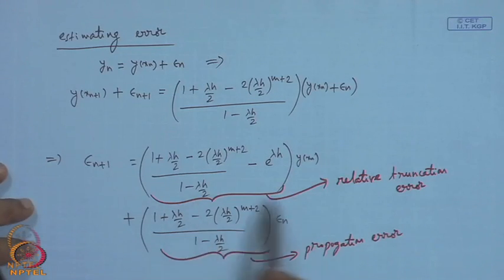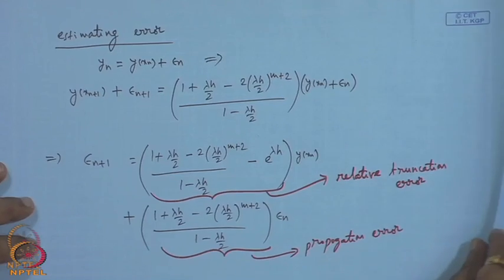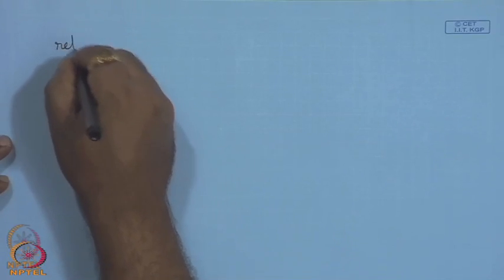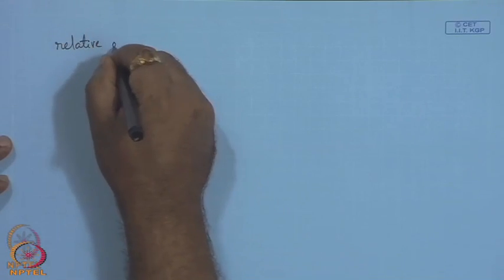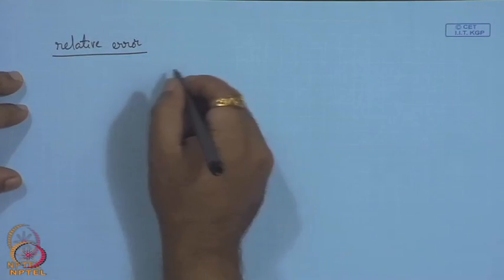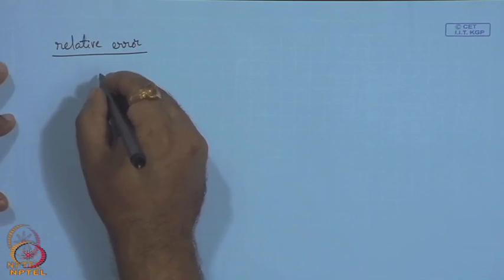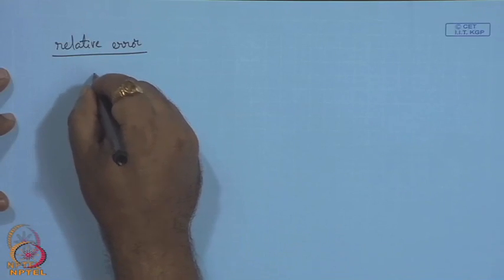So, now we would like to analyze this relative truncation error. You correct it once, correct it twice, correct it a number of times, what will be the error? Okay. So, let us consider the relative error. Okay. So, the relative error is given by this.